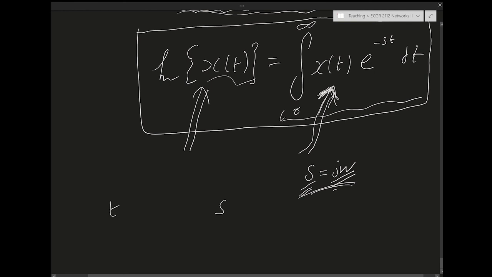What I haven't discussed yet is that we shouldn't think of s as only in the real domain, on the real line. S could be complex. In the same way, t could be complex, but we only deal with real signals, so we limit ourselves to t being real, but s could be complex.